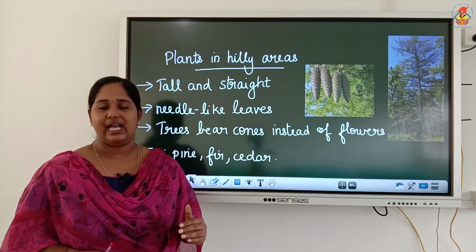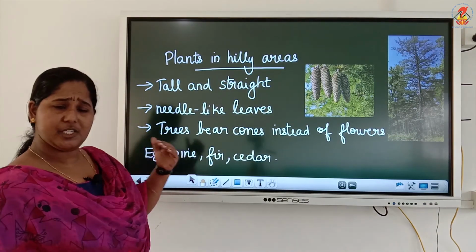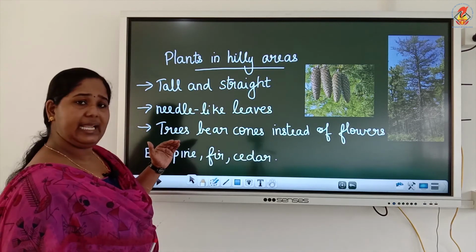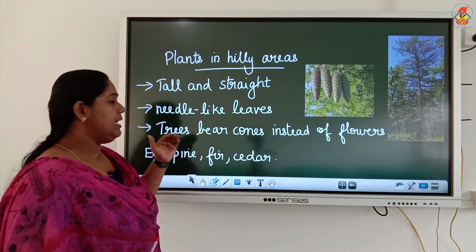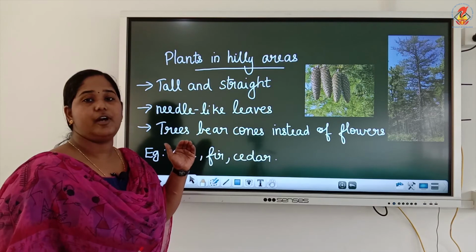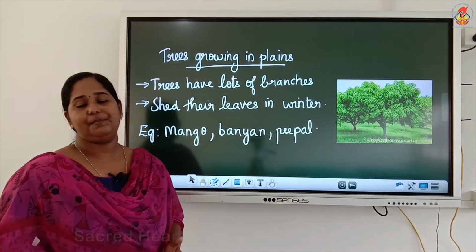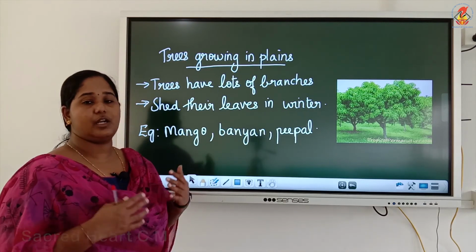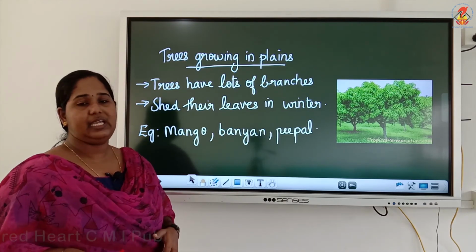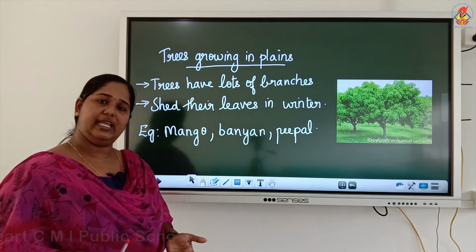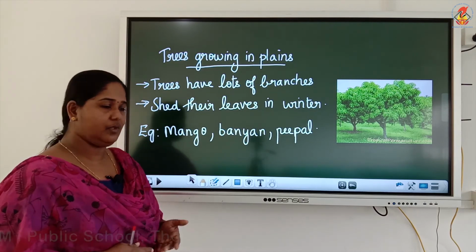Plants in hilly areas are normally tall and straight. They have needle-like leaves to withstand the cold climate. They bear cones instead of flowers. Cones are seen in this picture. Second is plants growing in plains. Plants growing in plains have lots of branches. They can bear the heat of the sun, but they shed their leaves during winter season.